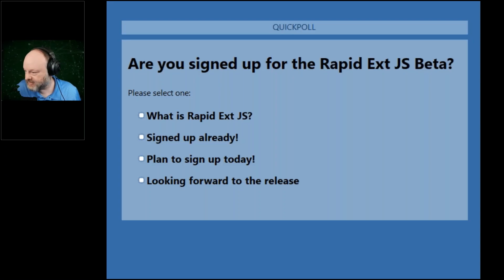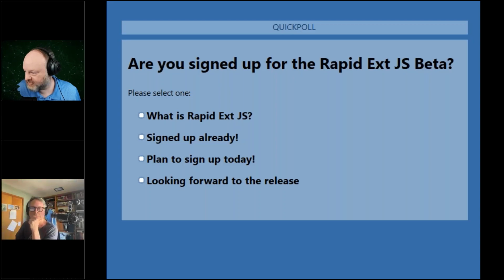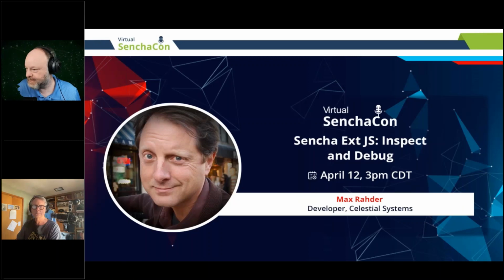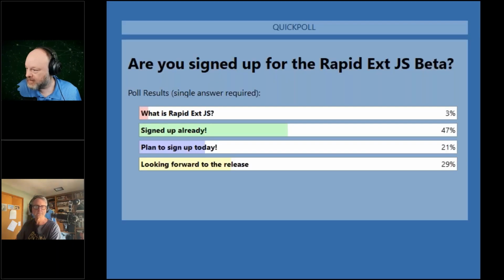I think that's most everybody's voted. Well, they're still trickling in, but I think everybody that's going to vote has voted since it's slowing down. So I'm going to close the poll and take a look at the responses. Half of everybody has already signed up for it.